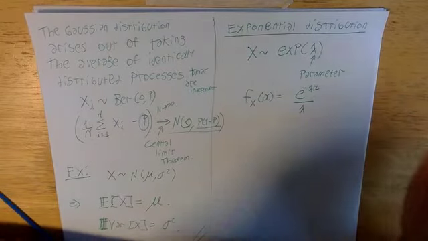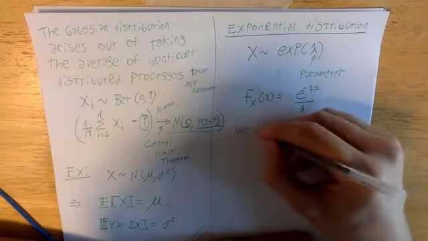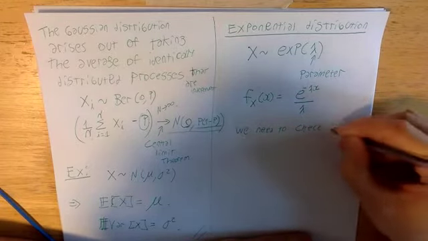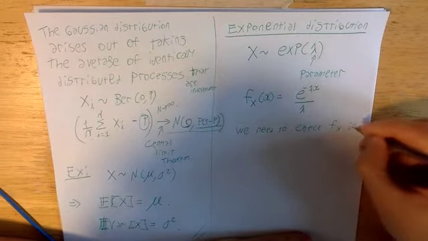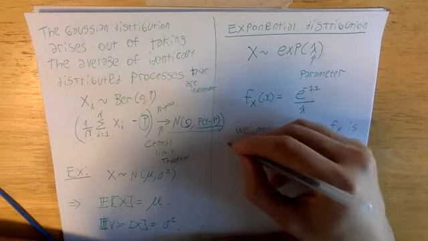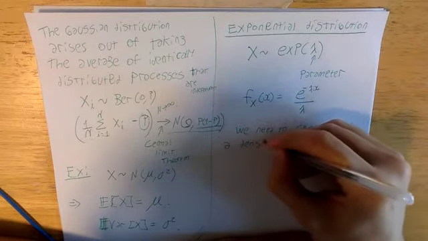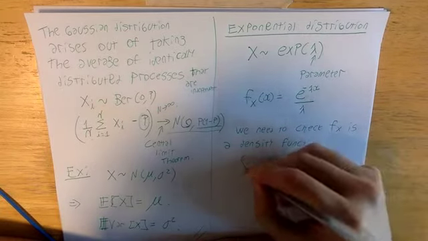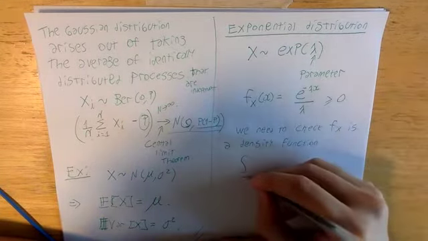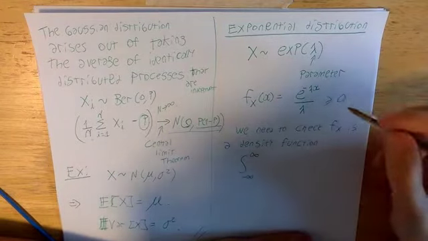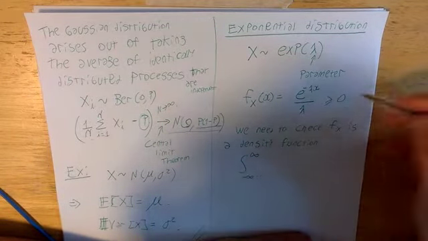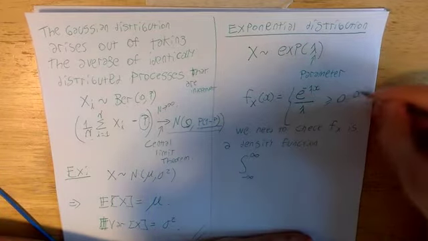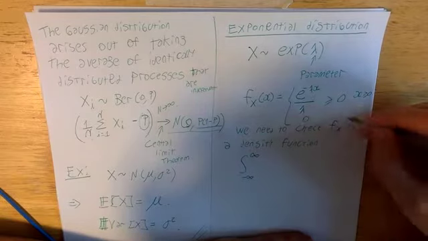Similarly, we need to check that f is a density function. This is clearly positive. The distribution function is defined when x is positive, and it's 0 otherwise.